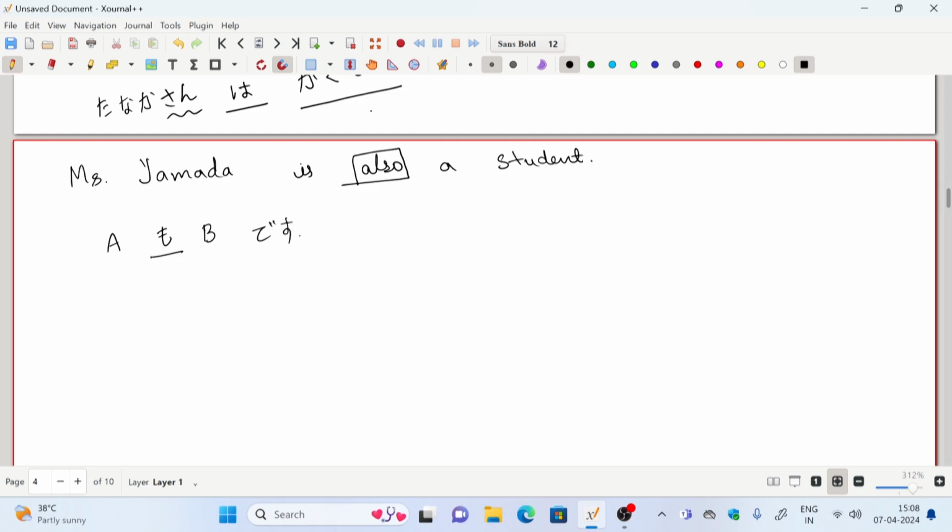Mo will replace particle wa, and this will give the meaning of also. So now our topic, our subject, is Yamada. We'll write Yamada-san wa, but instead we'll write Yamada-san mo. We'll drop the wa particle. Student is gakusei. Yamada-san mo gakusei desu.